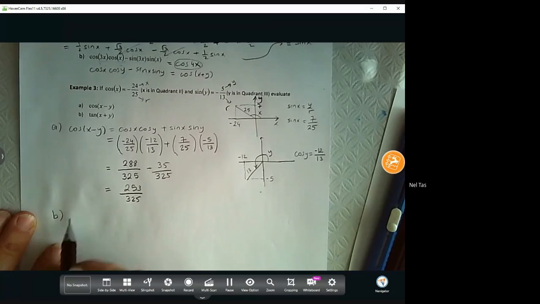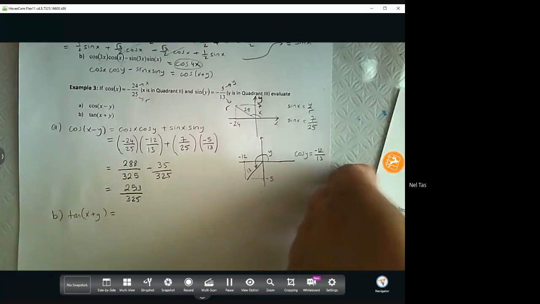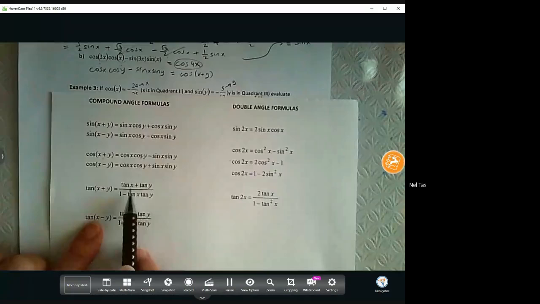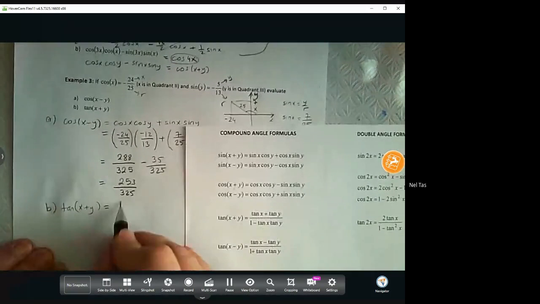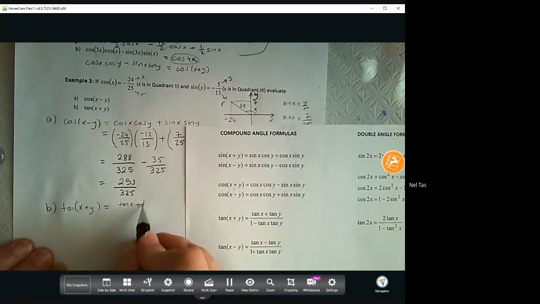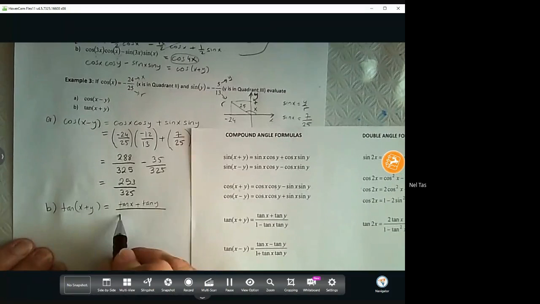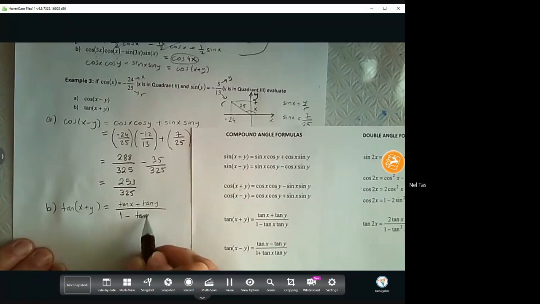B, tangent of x plus y. Tangent x plus tangent y over one minus tangent x tangent y.